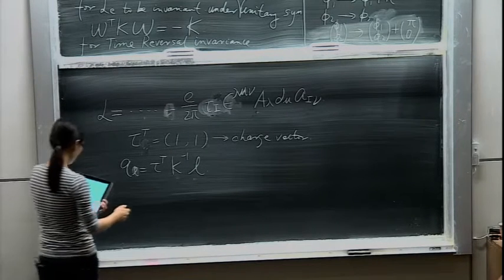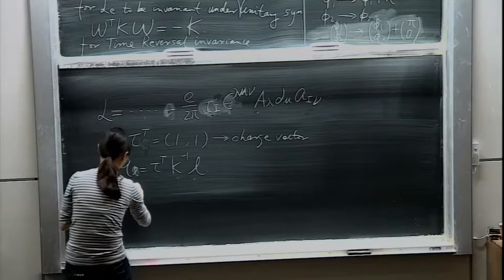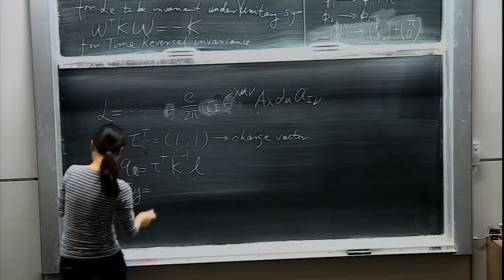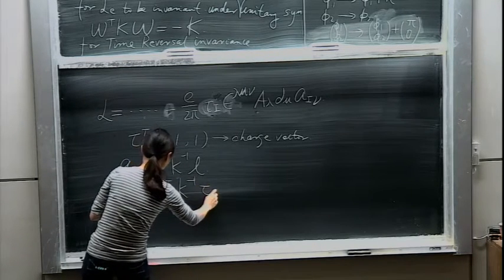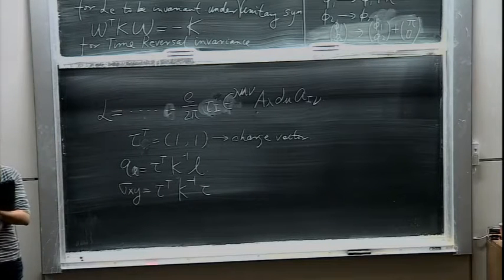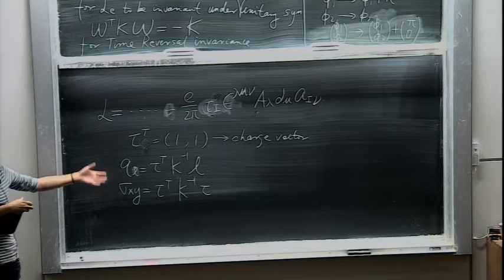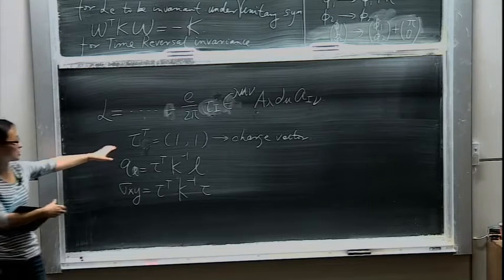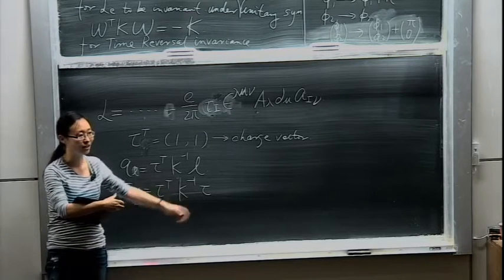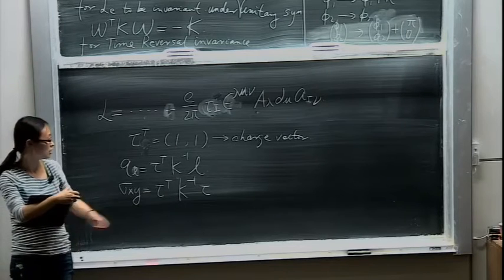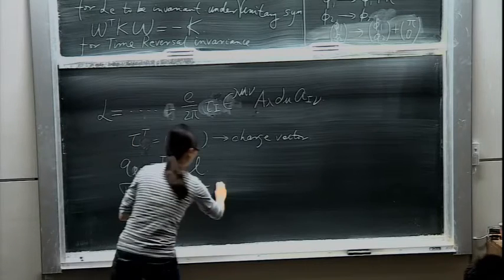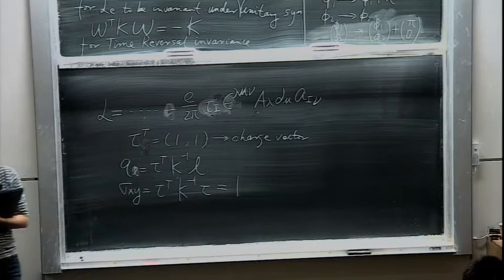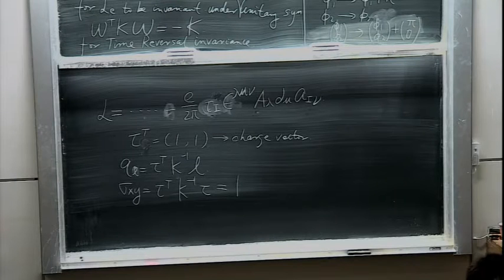I don't want to do that calculation, but just to write down the equation, sigma xy equals tau transpose K inverse tau. These are really amazingly simple formulas. You just put the charge vector in here and combine with the K matrix, you get the Hall conductance. And if we do the calculation here, you will see that this is 1. So there's 1 unit of Hall conductance.